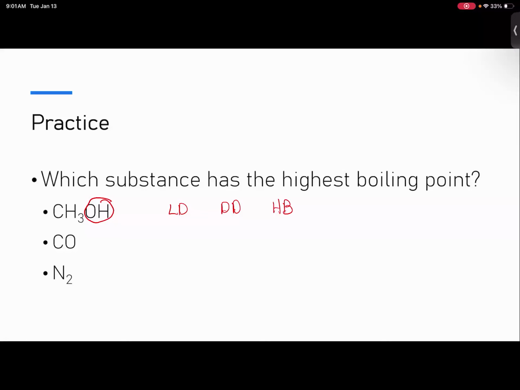Whereas carbon monoxide only had London dispersion and dipole-dipole, and nitrogen only had London dispersion. So because of the presence of that hydrogen bonding, CH3OH would have the highest boiling point. It would have the highest melting point too.